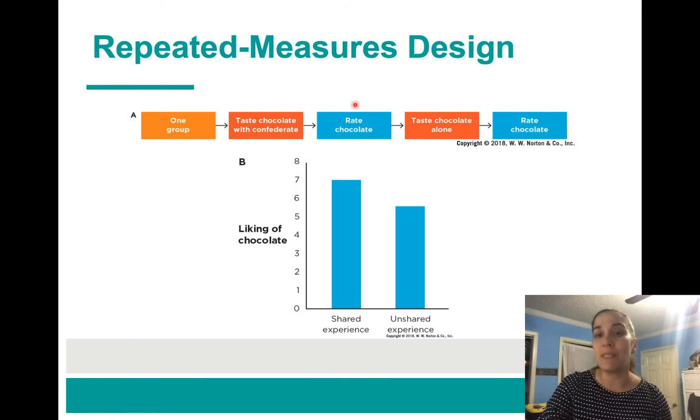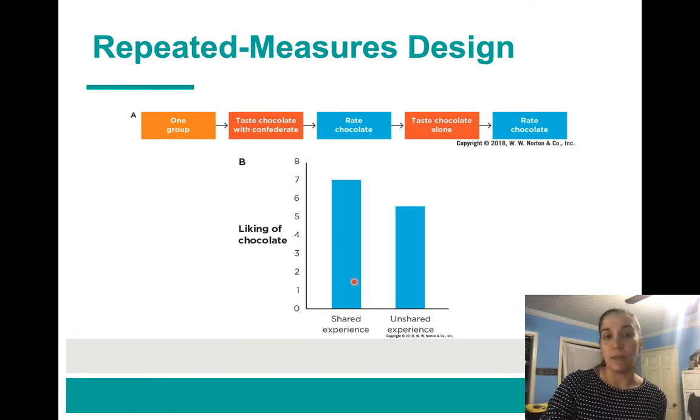And they have the same dependent variable, right? So your independent variable is whether they're alone or not. And so this is level 1, not alone, level 2, alone, and your dependent variable is just one thing, rating the chocolate. And you might see a difference, right?